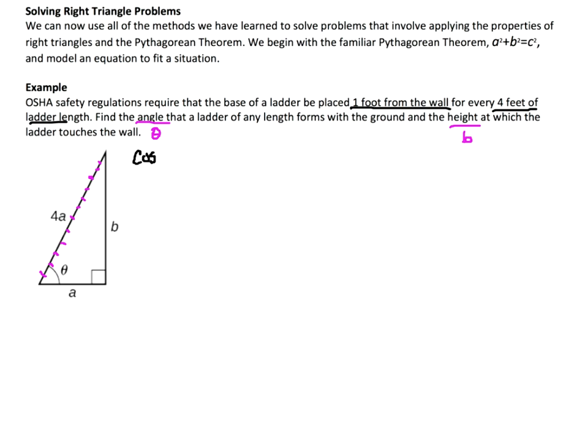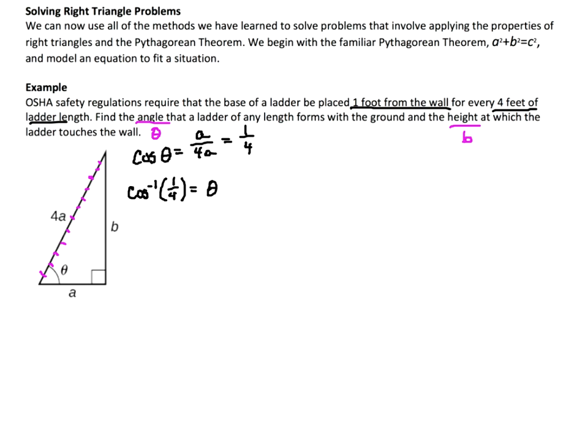Okay, so if we take the cosine of theta, we know that's adjacent over hypotenuse. So we get the cosine of theta is A divided by 4A. Well, my A's divide out there, and I get that the cosine of theta is equal to 1/4. So the arc cosine of 1/4 has to equal theta.